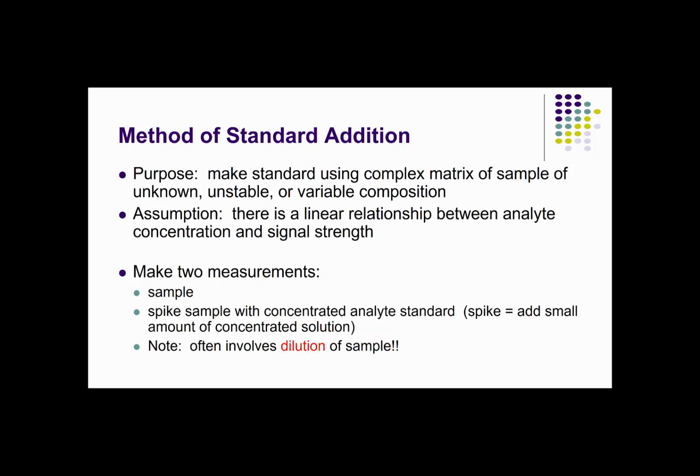In its simplest form, we basically make two measurements. We measure the signal for the unknown sample of interest, and then we make a second measurement where we spike a very small volume of a concentrated solution of the analyte of interest into our sample. Generally, ideally, you would do this in the same cuvette, in the same sample cell where you made that original measurement of the absorbance for the unknown.